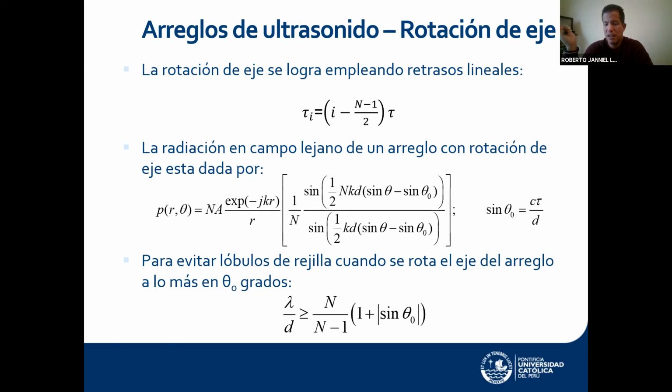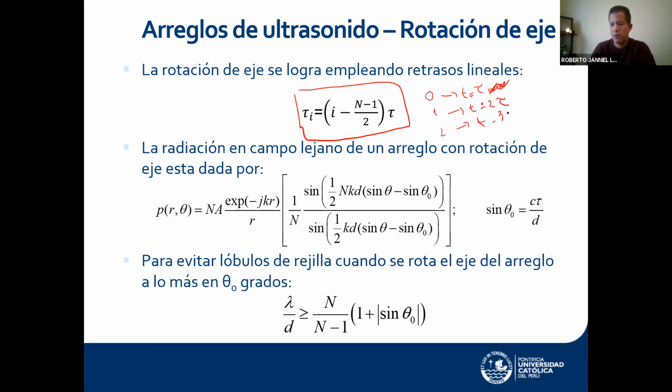It's shown in this slide, which is basically telling us that if you apply time delays to each one of the elements, and these time delays follow a linear sequence, so for element 0 you apply a delay of 0, then for element 1 it's tau, and for element 2 it's 2 tau, and so on and so forth, right?